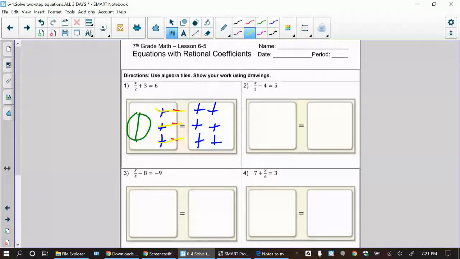Gone, gone, gone. Whatever we do to one side, we have to do to the other side. Okay, so that tells me this 1/2 is a 3. If that half's 3, the other half obviously has to be 3. So then x equals 6. Remember, x always equals a whole.